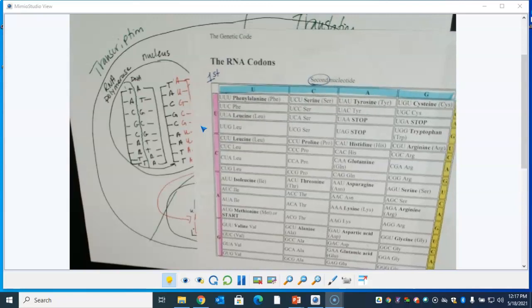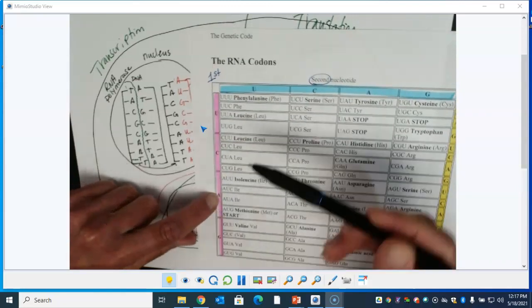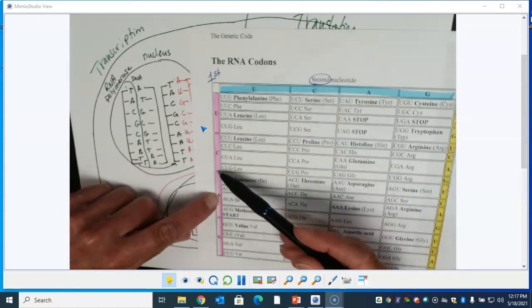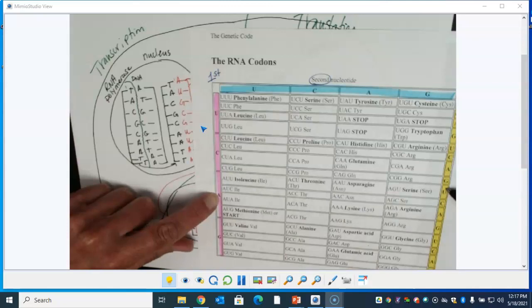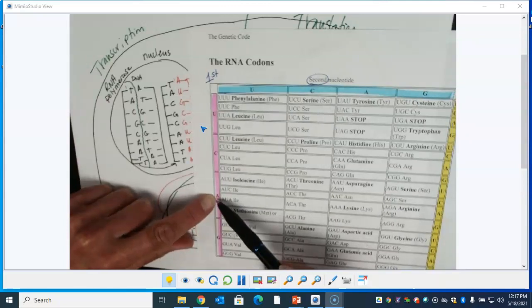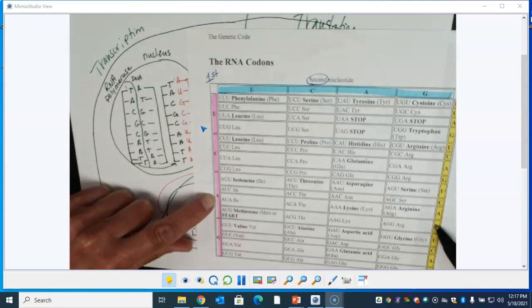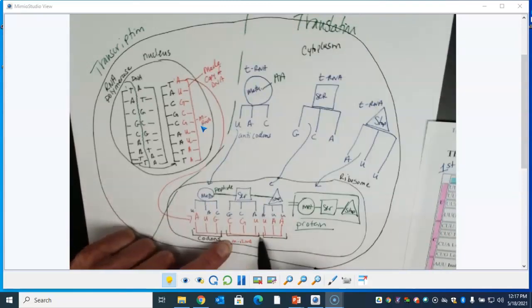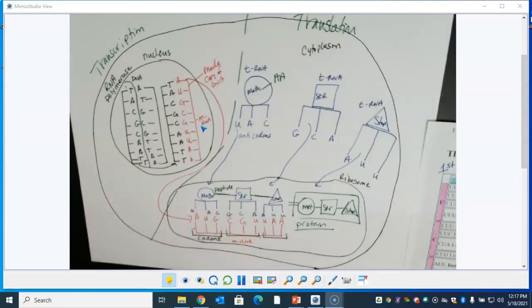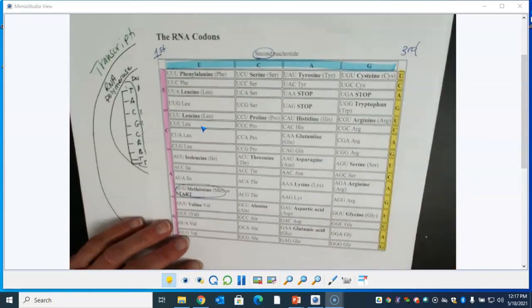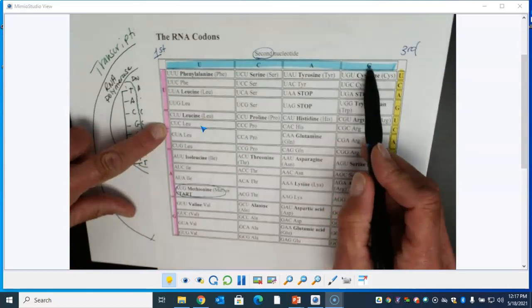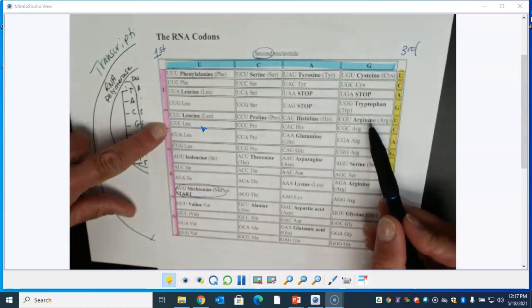So I have AUG, so A, here's my second letter, U, and I come over here, still in the A section, and G. So A, U, G will give me methionine. That's my start codon. So my second codon is CGU. So I'm going to come over here, and I'm going to go C. I'm going to come over to column G and find U.